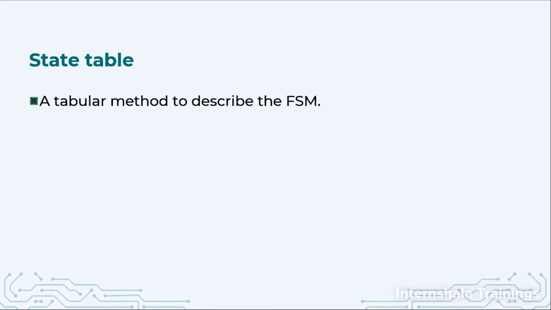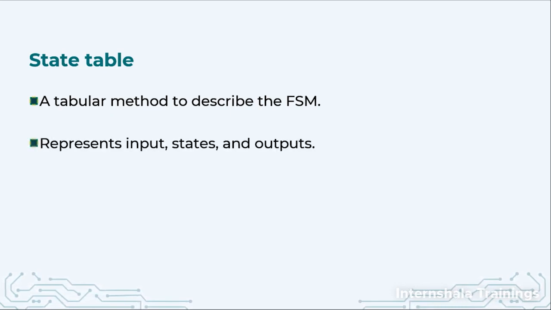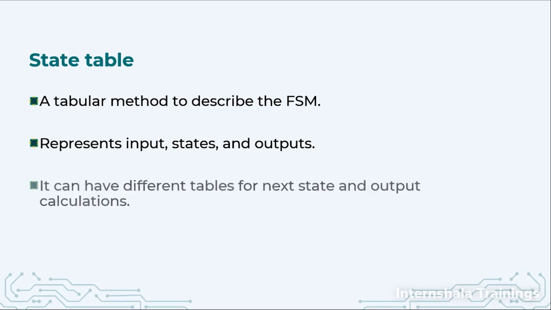Now we have one more approach which is called state tables. This is a tabular method to describe the same finite state machine. We are going to represent inputs, states and outputs. We are going to mention the present state as well as the next states.